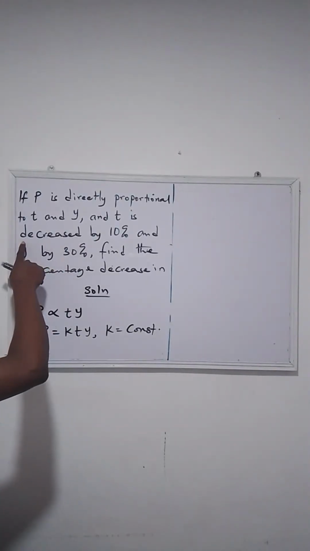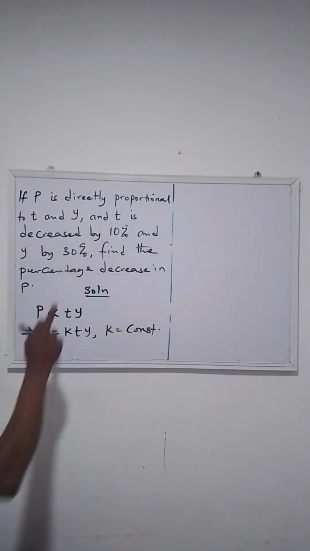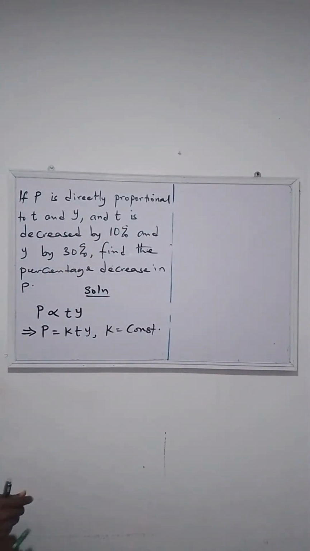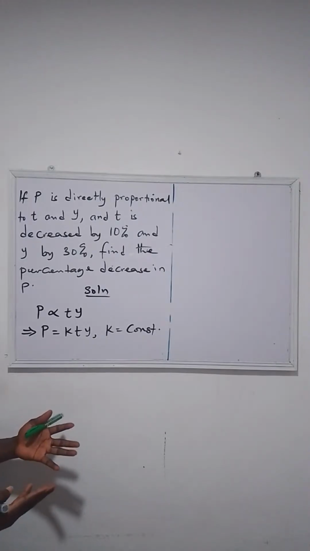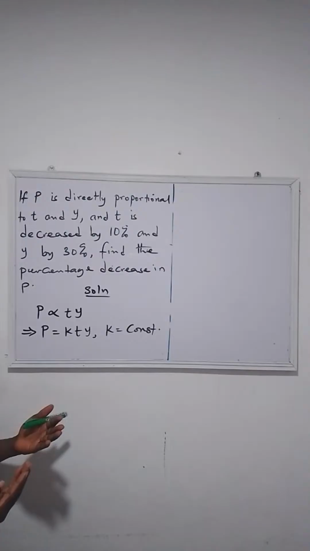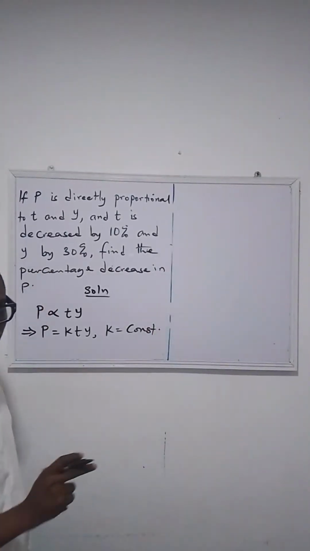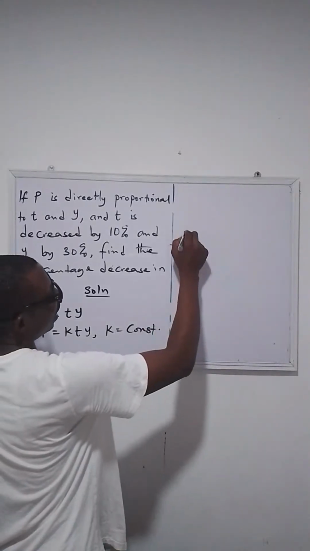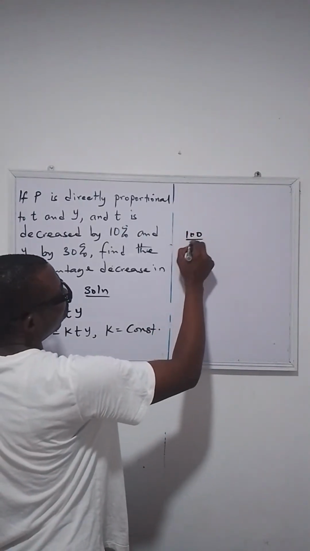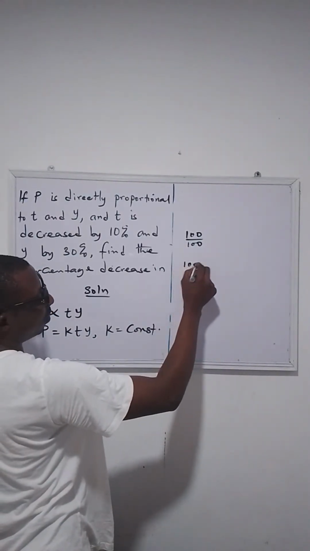Now the question says that T is decreased by 10%. When something is decreased by 10%, it means that 100 is reduced by 10. If something is not reduced at all, it's always 100 over 100, or simply 100%.